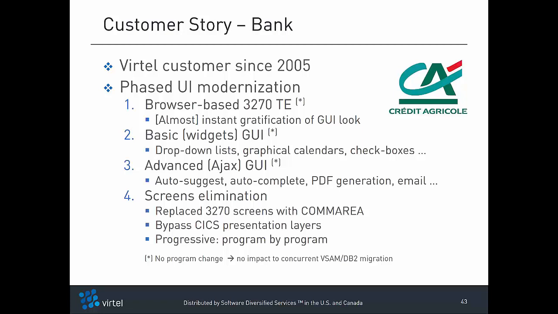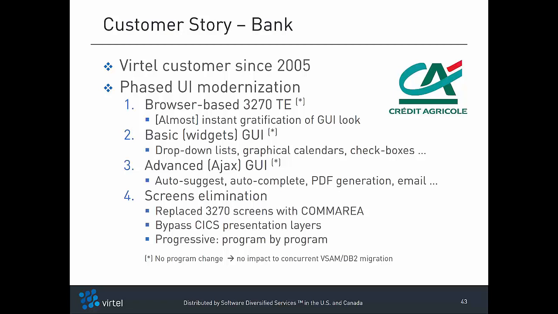Then they converted their screens to a basic GUI with all the typical widgets such as drop-down lists, graphical calendars, checkboxes, and so on. Then in 2008, they added new functionalities to their web portal using Ajax technology and JavaScript and XML code insertions. This was all done without changing a single line of code in the underlying CICS applications.